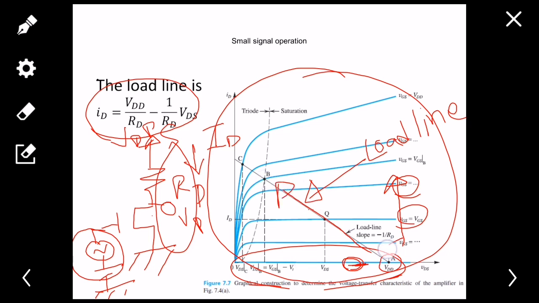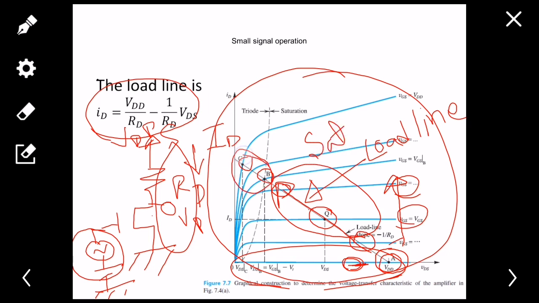So initially at lower gate voltage you got output VDD, and then as you increased the gate voltage, you will be in this operating point, then this operating point, then this operating point right here, then this, and then this, right? Okay, fine.